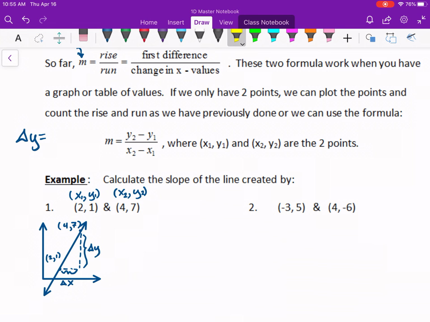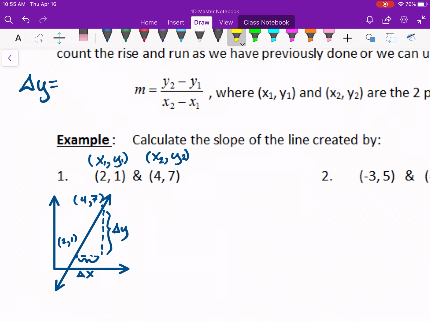So if y1, I'm just going to highlight it on this graph, if y1 was 1, and if y2 was 7, we're going from 1 up to 7. So it's really the difference between these two y values. So y2 minus y1. Right? And in this case, y2 is 7, y1 is 1, so 7 minus 1 is 6. So the change in y is 6.